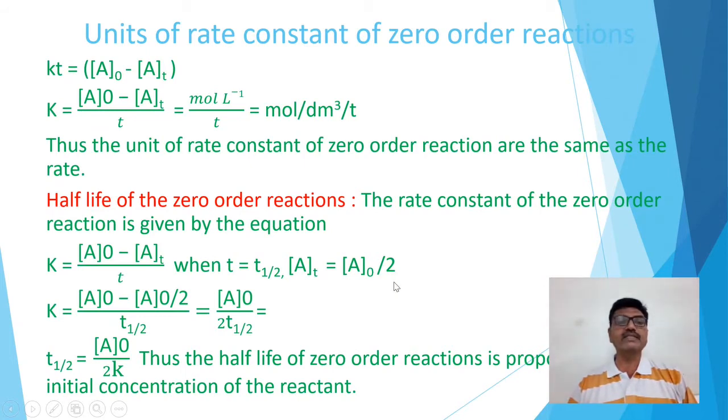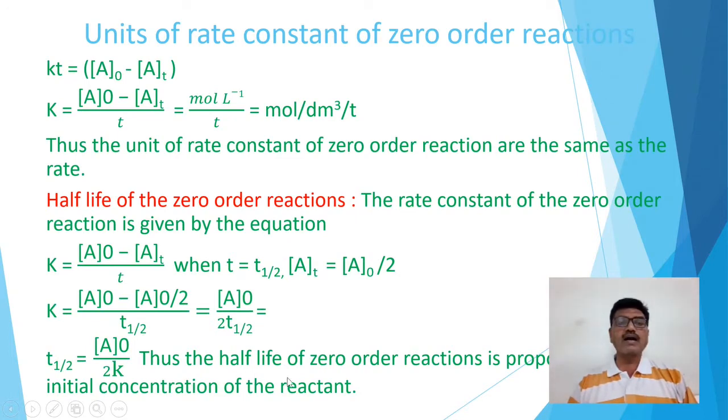By substituting the values of t is equal to t half and At is equal to A0 by 2, we get A0 minus A0 by 2 upon t half, which is equal to A0 upon 2 t half, or t half is equal to A0 upon 2k.